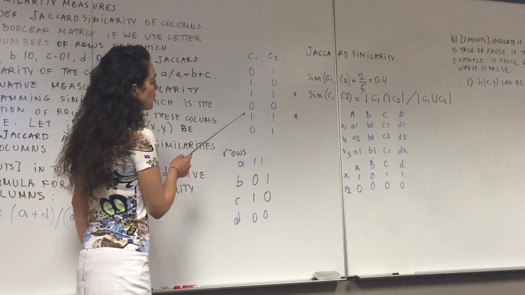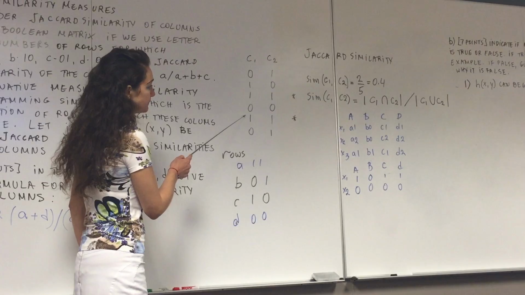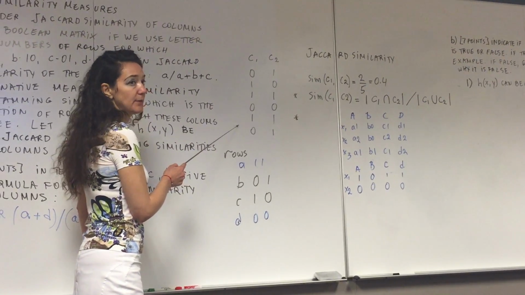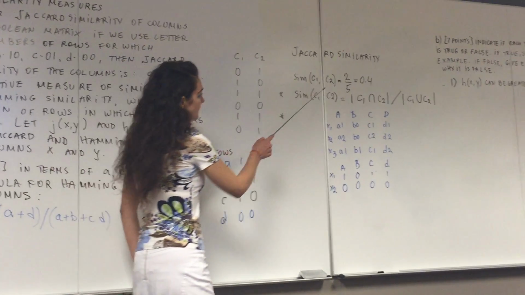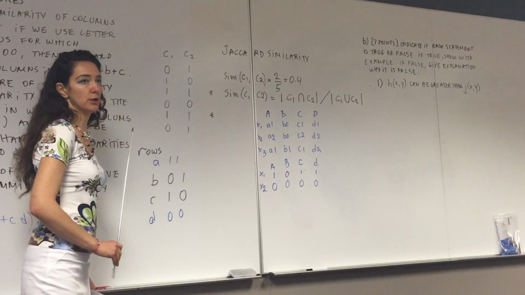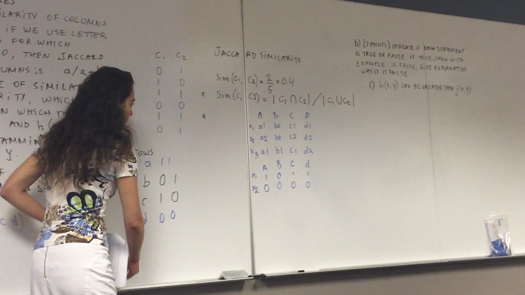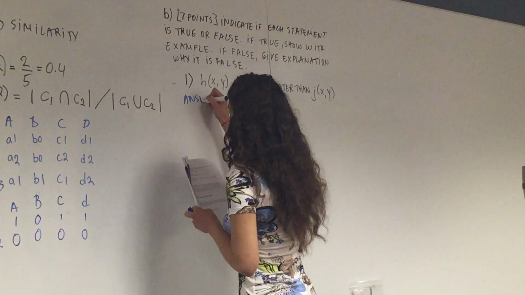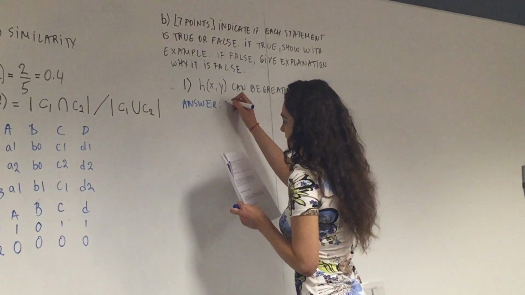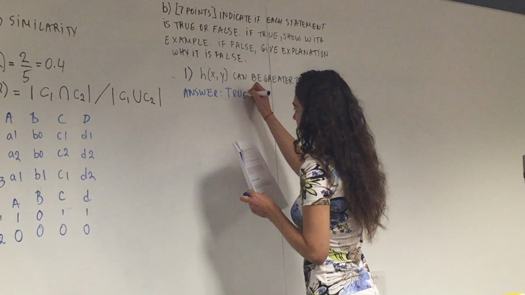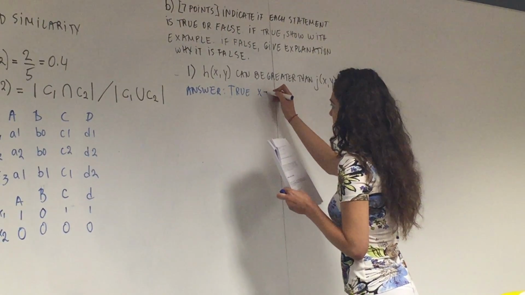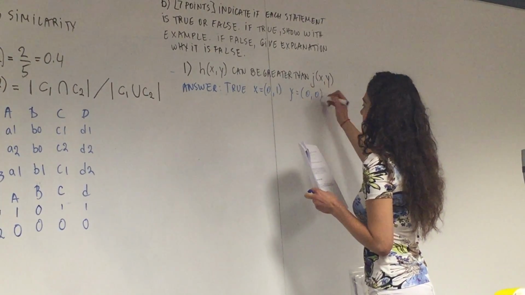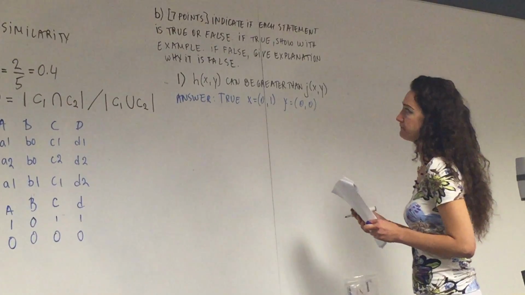As you can see, 1, 2, 3 here agree out of the 5, so 3 over 5 is the Hamming similarity. And the Jaccard similarity is 2 over 5, so it's smaller. So yes, it can be true. If X is 0, 1 and Y is 0, 0, that is another example of that.